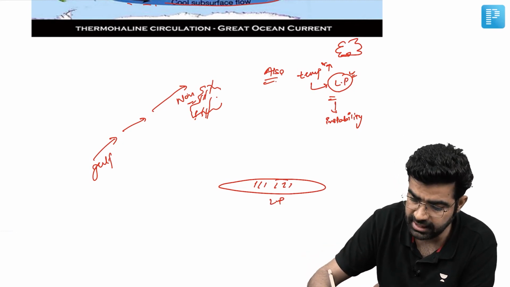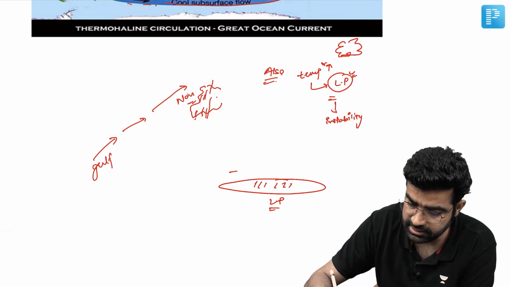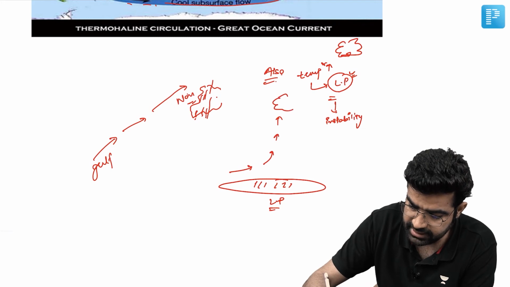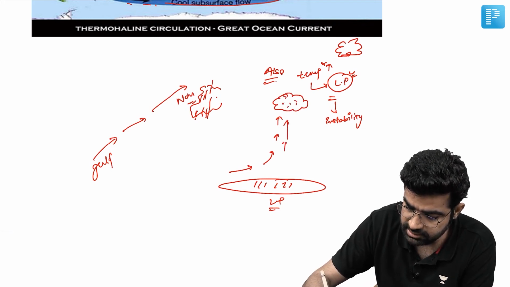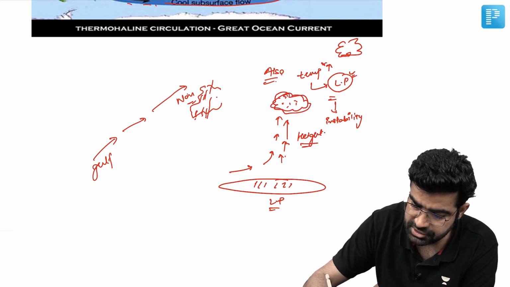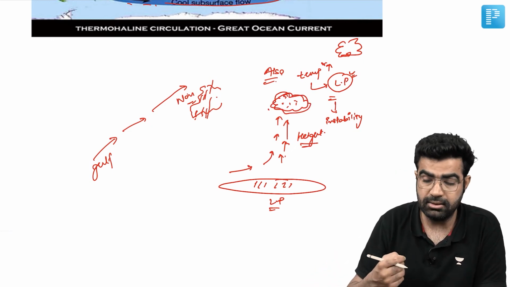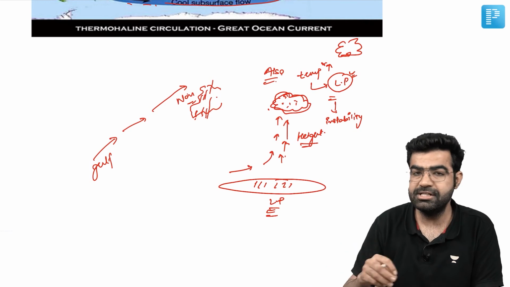If this temperature is high, the low pressure conditions are there and the air will rise over this region, and because of this air rise, this warm air will be condensed at a certain height, and because of this condensation, rainfall can occur. So this is possible when low pressure conditions are there.